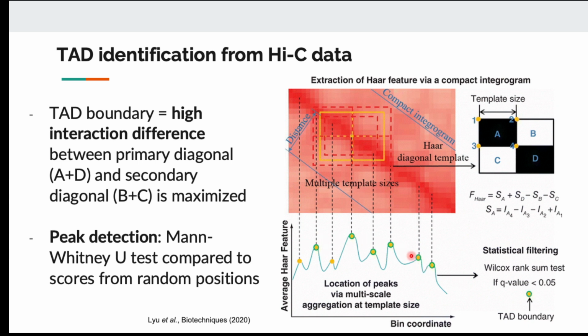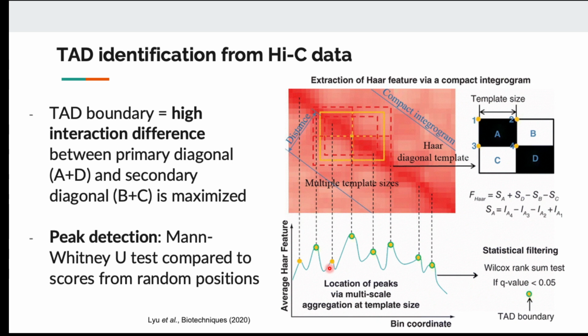To test whether these are significant, we compare to the scores from other, randomly selected regions, maybe using just a U-test, to show that the scores we get from these peaks are significantly higher than the scores from everywhere else. And we suggest that these are locations of the TAD.